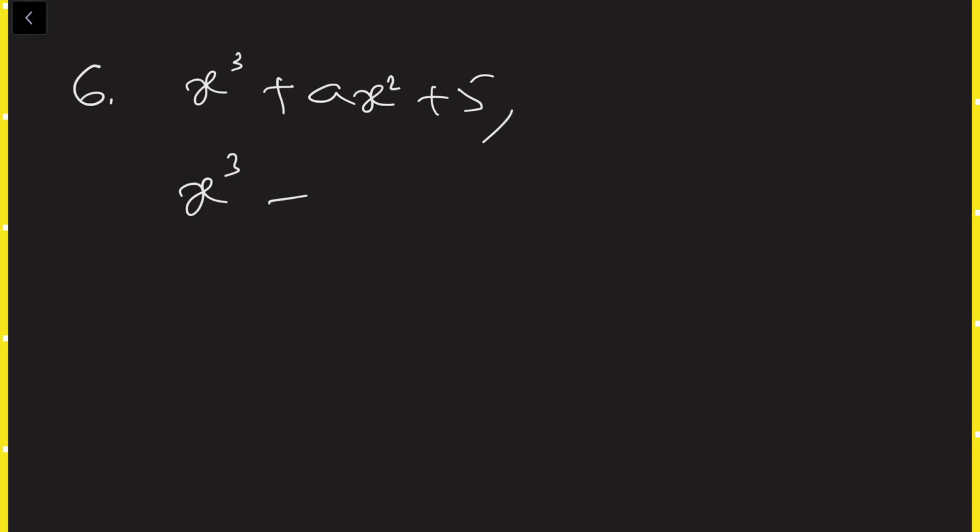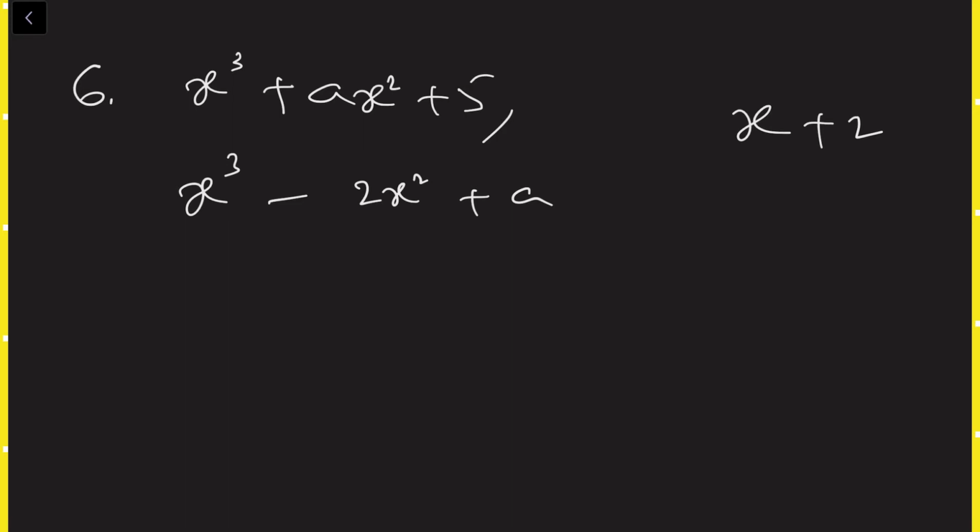Next, the sixth one. If the polynomials x cube plus ax square plus 5 and x cube minus 2x square plus a are divided by x plus 2 and leave the same remainder, then find a value.